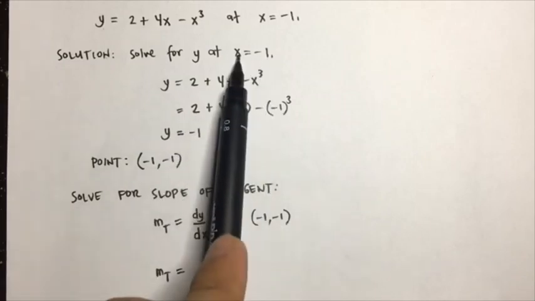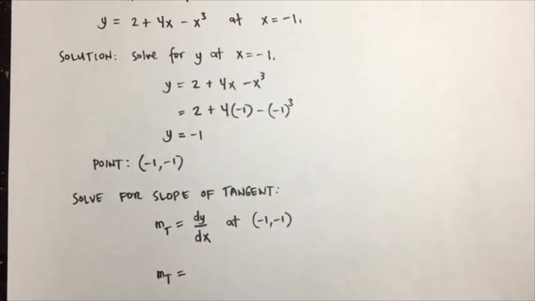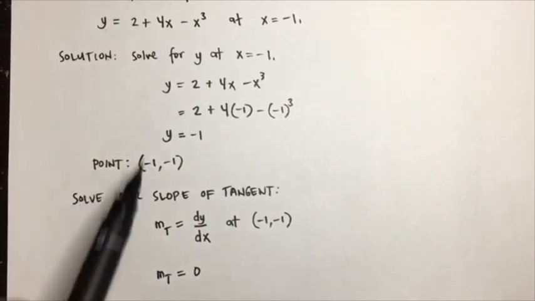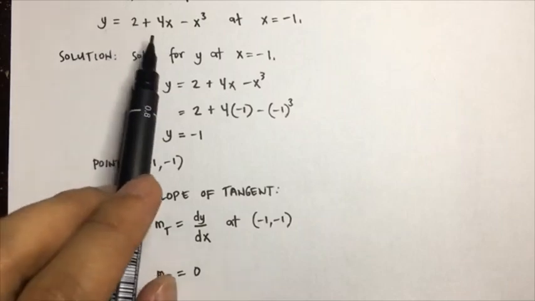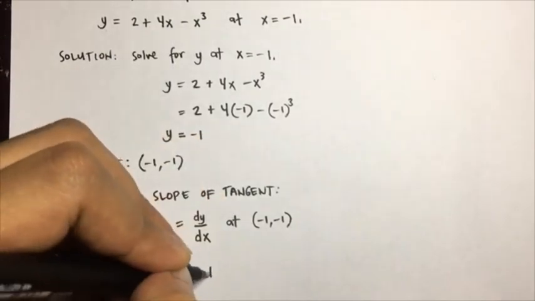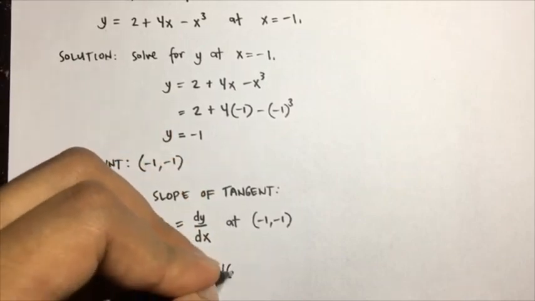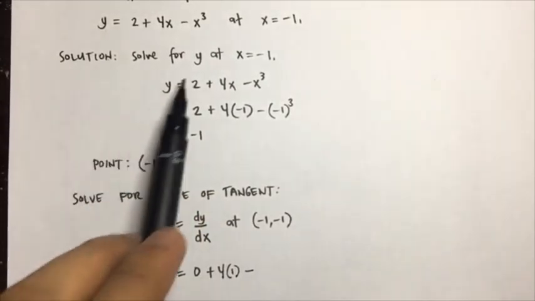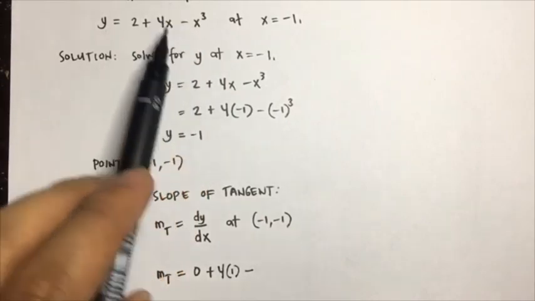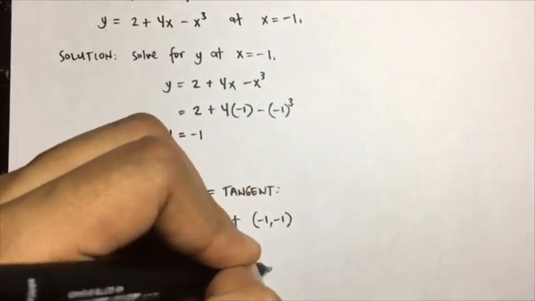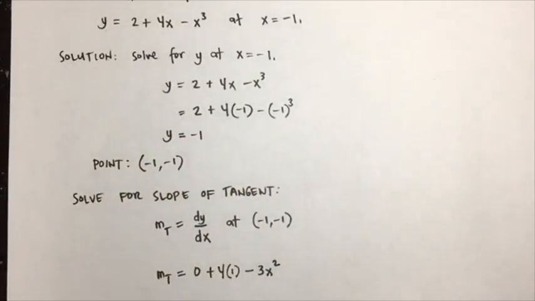Deriving this, the derivative of the constant is 0, plus the derivative of 4x, that is 4 times 1, minus the derivative of x cubed, that is 3x squared.